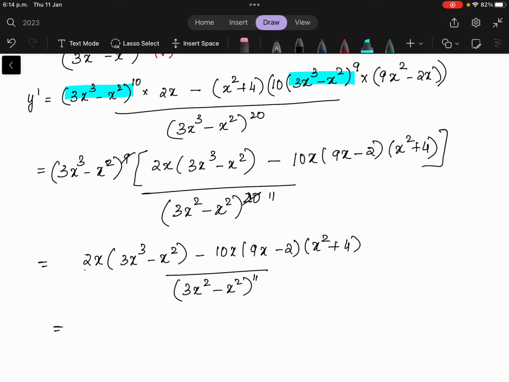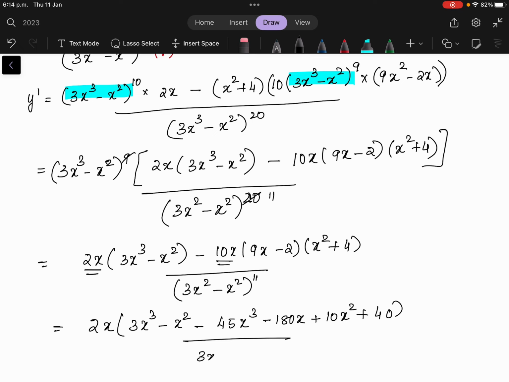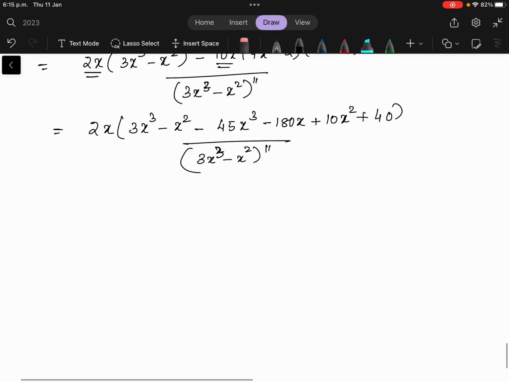And then I can again take 2x out of this. So it's 2x into 3x cube minus x square minus, I simplify this again, which I will get 45x cube minus 180x plus 10x square plus 40 divided by, sorry, this is 3x cube minus x square to the power of 11.